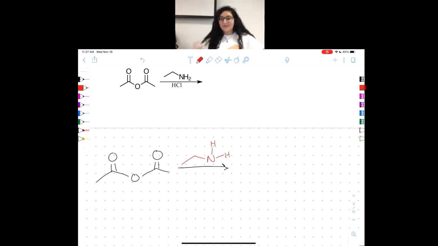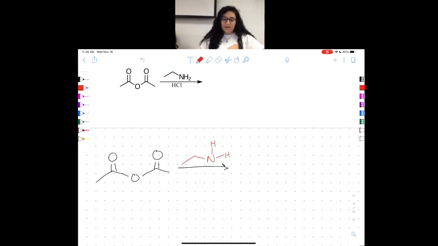Okay, so I got 2 answers, which is perfect. Some people just said anhydride, which is 100% correct. That is this functional group. But some people also said acetic anhydride, and that is the perfect answer because this molecule specifically is the acetic anhydride because it has a methyl and a methyl.